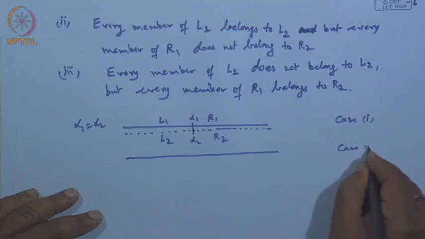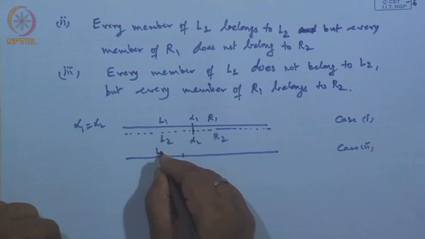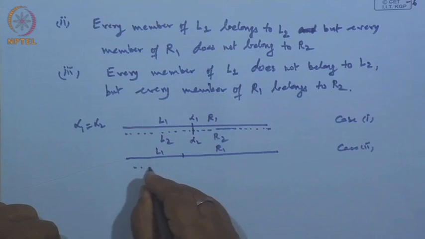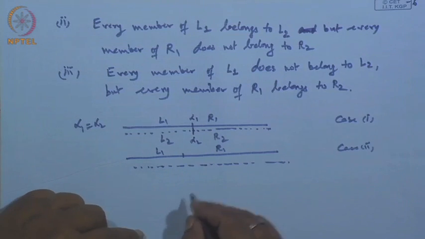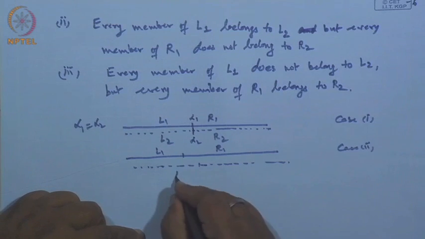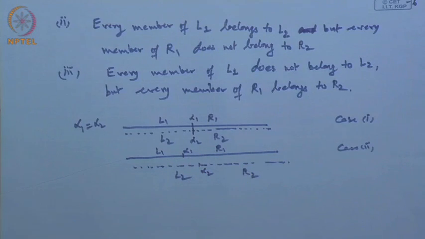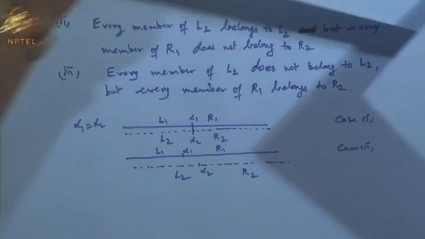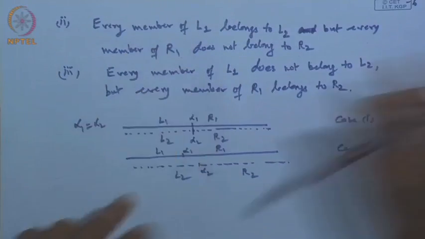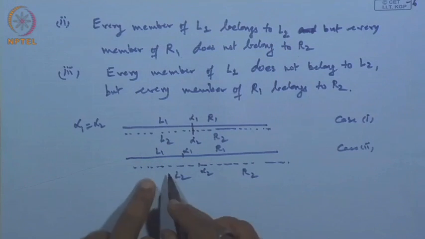Then the second case. Here say this is our L1, here is R1, and here is L2 and this is R2. So, here this is alpha 1, here is alpha 2. The second case says that every member of L1 belongs to L2.